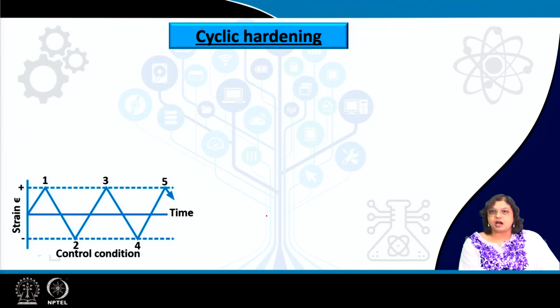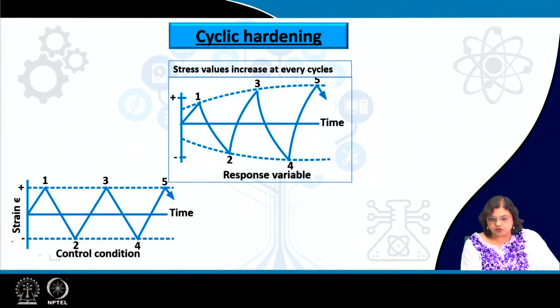Now, let us see how this is reflected in the hysteresis loop also. As I mentioned, for the strain controlled one, this is the stress output. In this case, for the case of cyclic hardening, the stress is increasing at every cycle. We are talking about 3 cycles here, 1, 3 and 5.